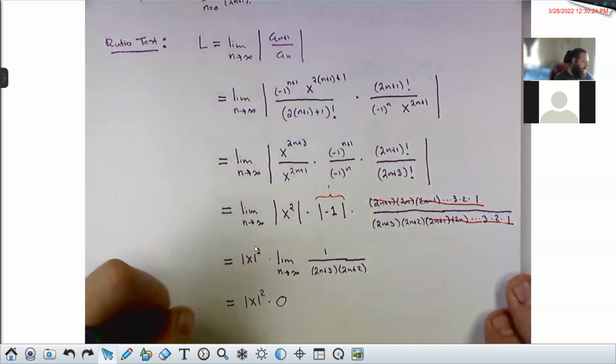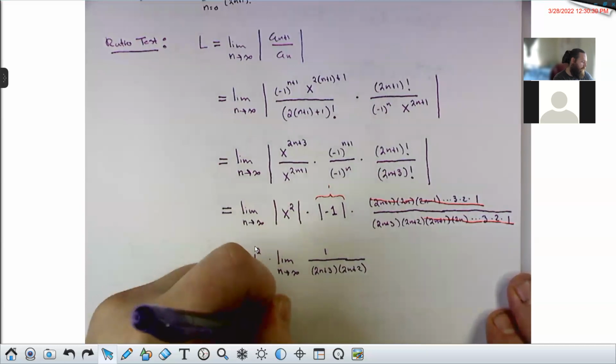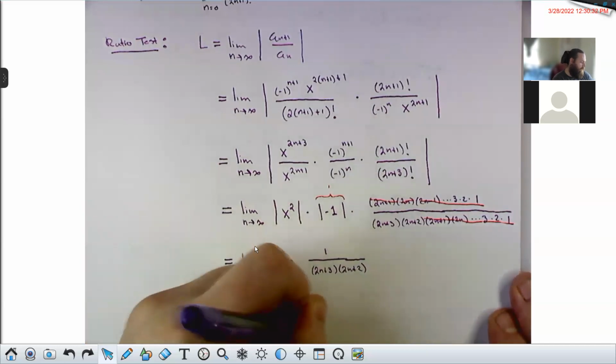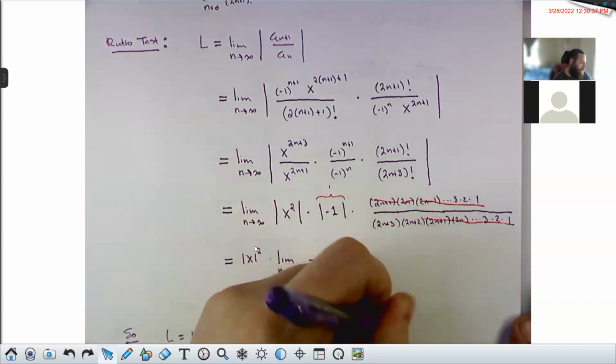So L from the ratio test is the absolute value of x squared times 0, which is equal to 0, which is less than 1 for all real numbers x.